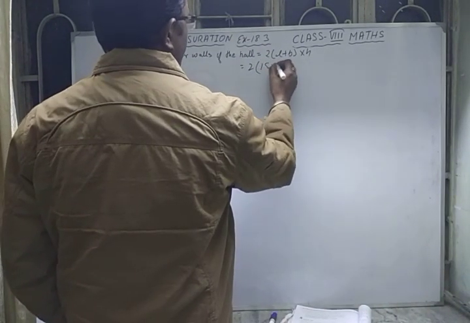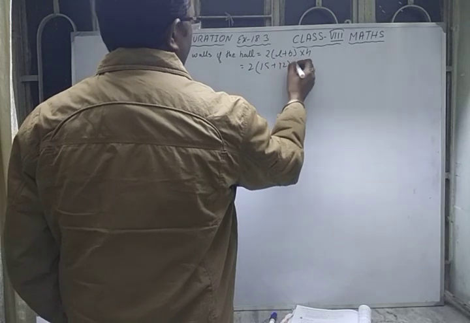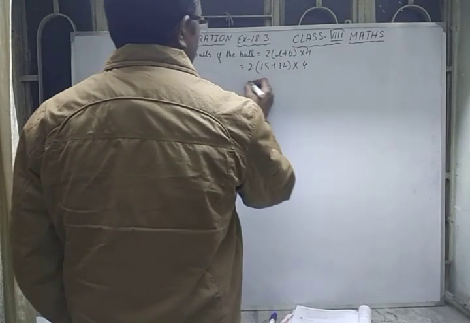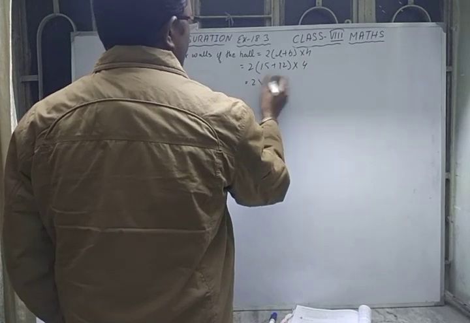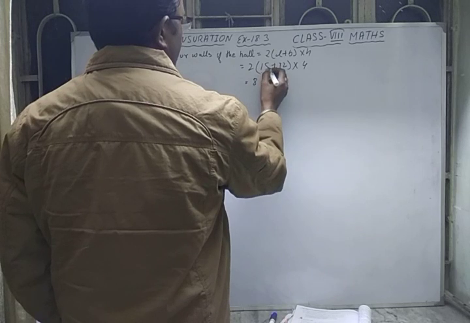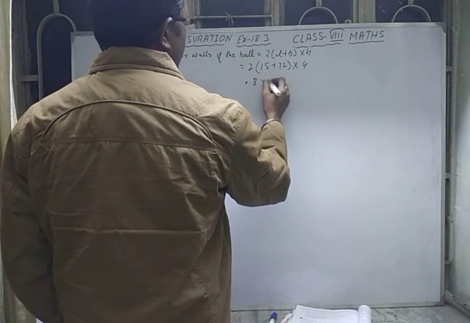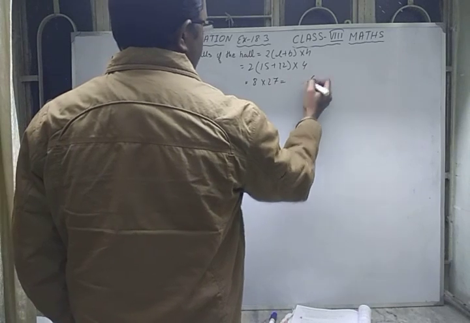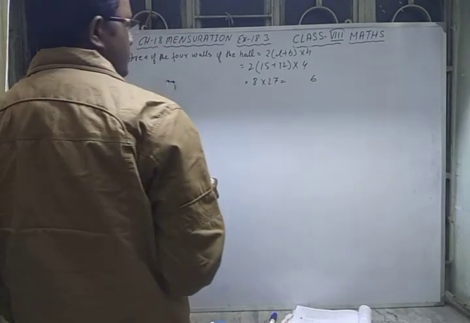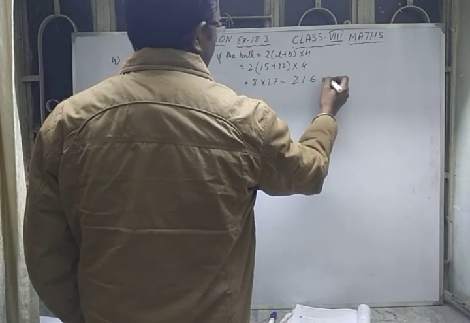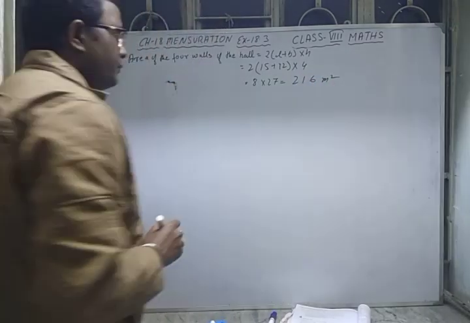So 15 plus 12, and the height is given as 4. So 2 into 4 is 8, you can write here. 15 plus 12 is 27, so 8 into 27: 7 8s are 56, carry over 5, 8 2s are 16, and 5 is 21, so 216 meter square. It is the area of the 4 walls.